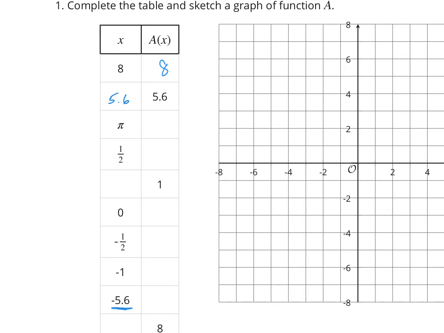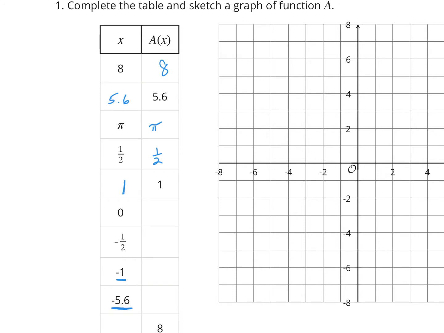For pi, that is just pi distance from 0. We don't want to estimate because they didn't estimate, so we can't estimate either. For 1/2, that is also half away from 0. For when the output is 1, again, we could have 2 possible inputs, -1 or +1, but we see that -1 is already being used, so we're going to use +1.